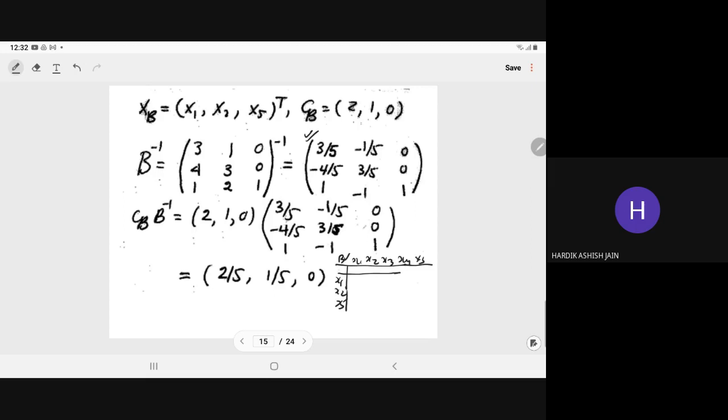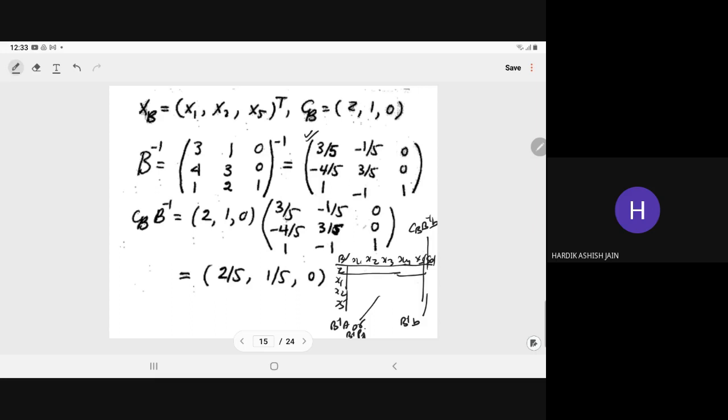Now you have to complete this table, meaning you have to write all the entries. At this place the entry is CB B inverse B. At this place the entry is B inverse B. At this place we have the entry B inverse A, or B inverse PJ.